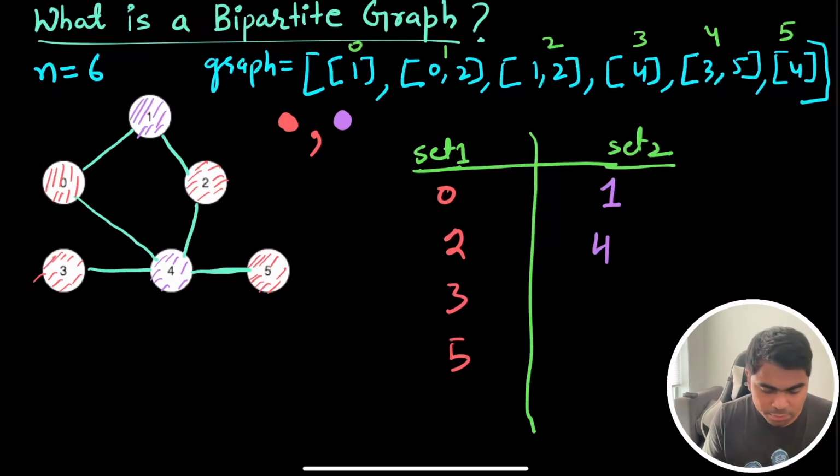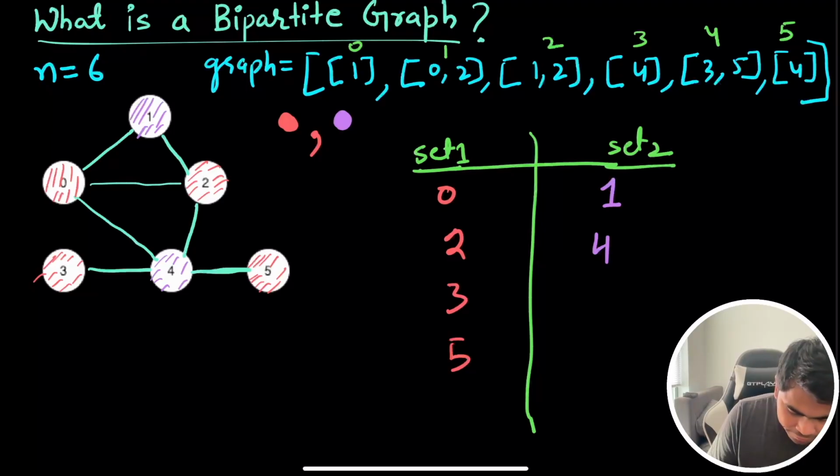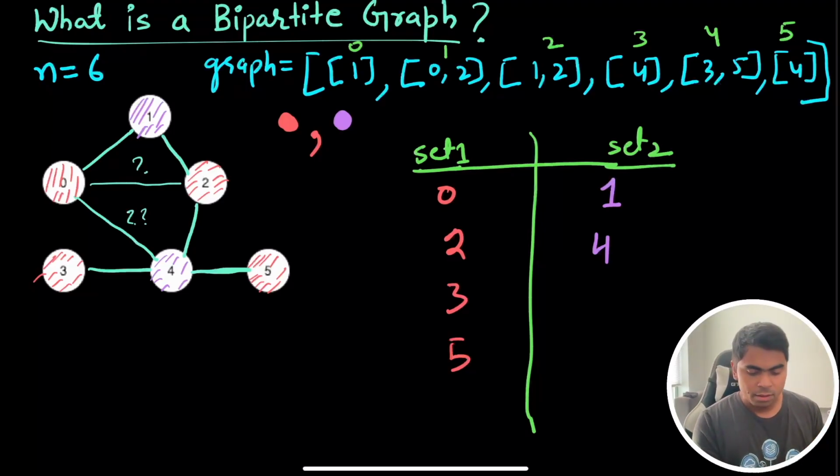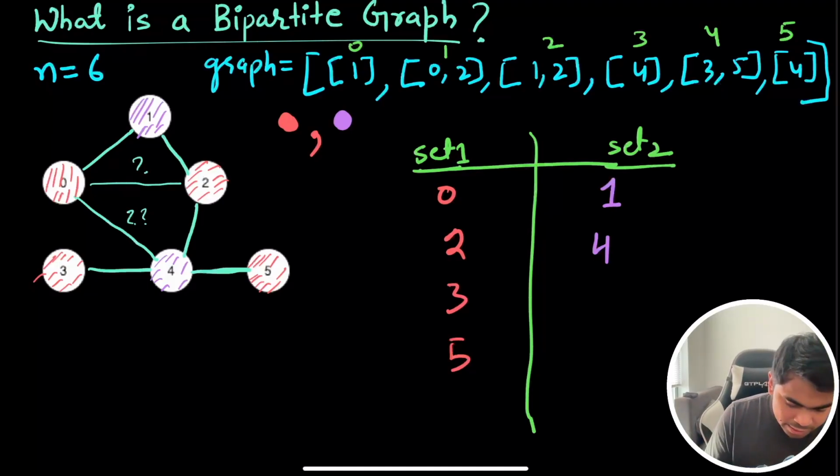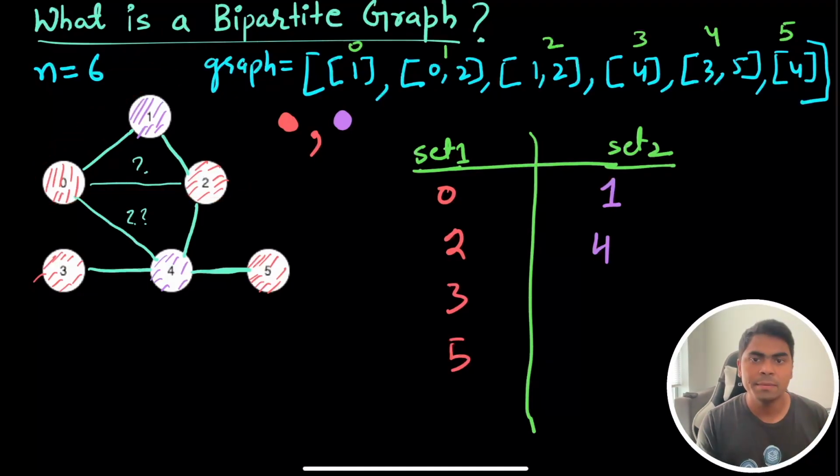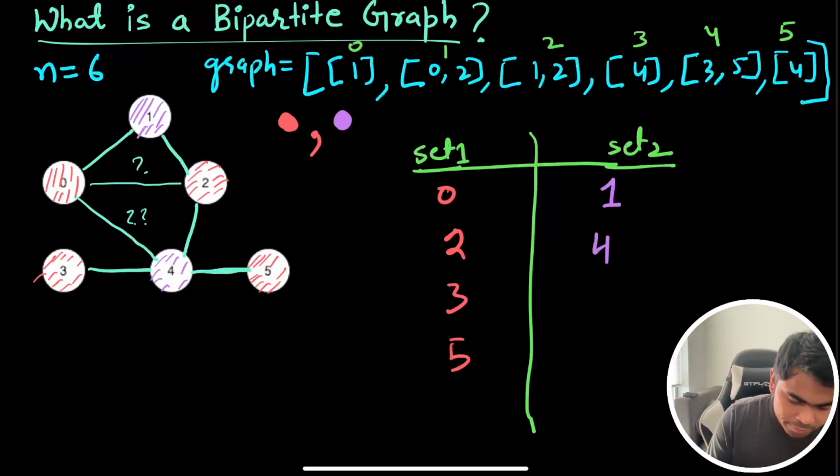So what is the difference between introducing this cycle, and this cycle? Don't you see that this cycle has 3 members? So that means this has an odd number of nodes. But this one right here has an even number of members.